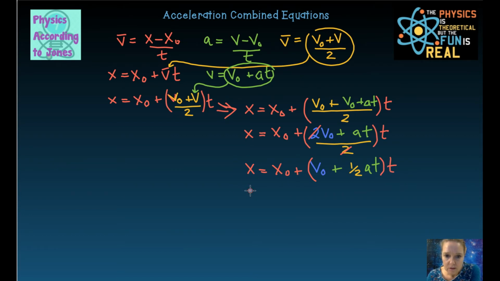All right, so X equals X naught plus V0 T, so I distributed that T, plus, all right, what's it going to be?